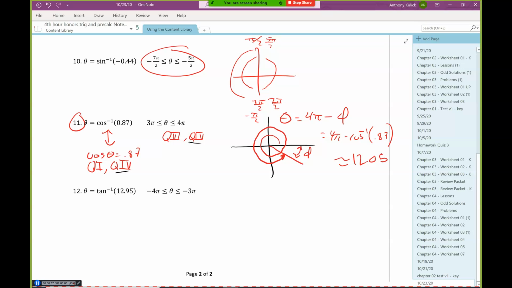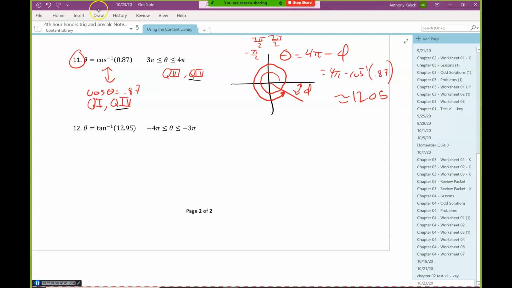After this, can we move on to 4? Yeah, that's fine. Okay. I'll do that over here while I still have the black pen. So this tells me tan theta is positive in quadrants 1 or 3. Negative 4 pi to negative 3 pi.